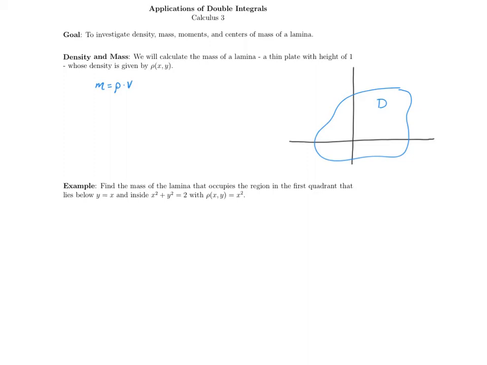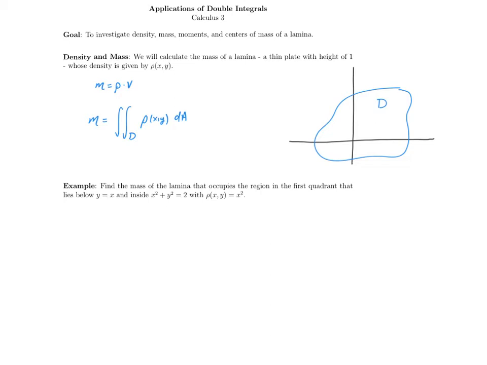So with this being said, I'm going to go ahead and write down the formula we can use to find mass. So mass of this lamina is equal to the double integral over the region D, which the lamina occupies, and what we integrate is the density function. So we think in this case mass is going to be the definite integral of density.